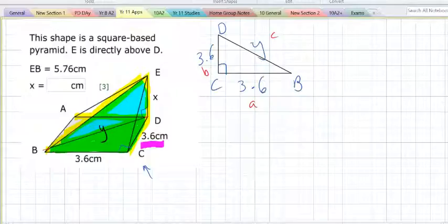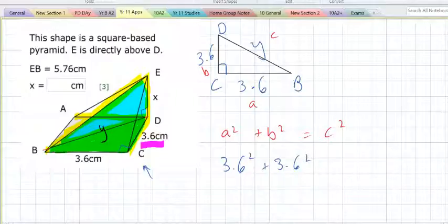A squared plus B squared equals C squared. 3.6 squared plus 3.6 squared equals y squared.